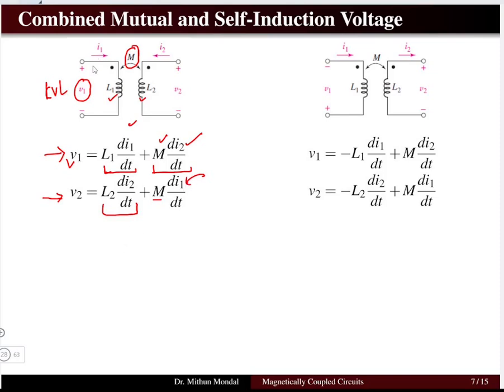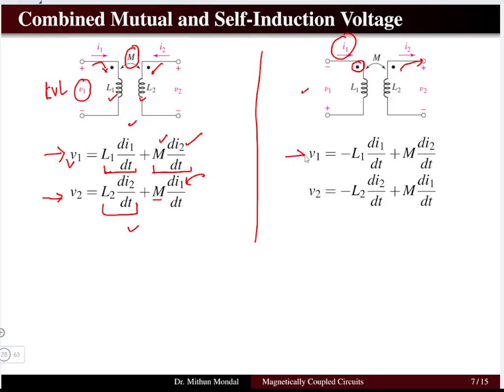Also, we can see that both currents are entering the dotted terminal, so we have the positive sign for the polarity of the voltage. Now on the other hand, if the current is entering the dotted terminal in one coil and leaving the dotted terminal in the other coil, then the polarity will be a little different.